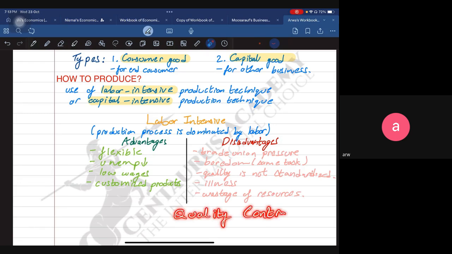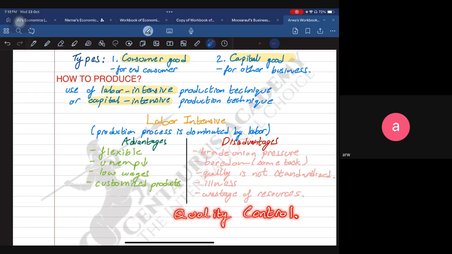Quality control is that when you have produced the product at the end of the production line, you check the product, and if the quality is not maintained, or there are errors, or there are some problems with the machine, then the problem you will face because of this is that the quality will not be maintained. You understand that the quality will not be maintained.